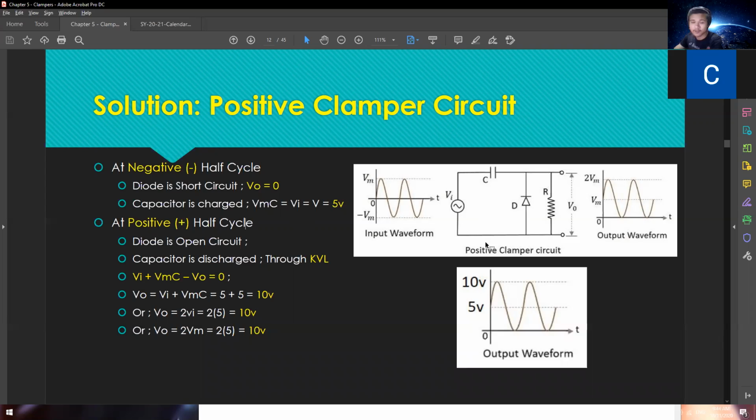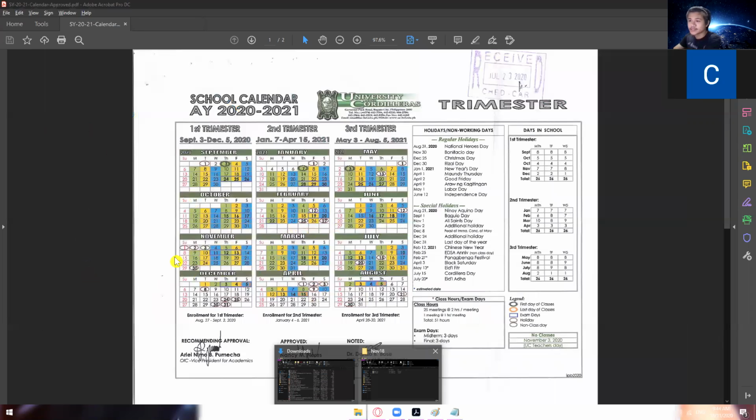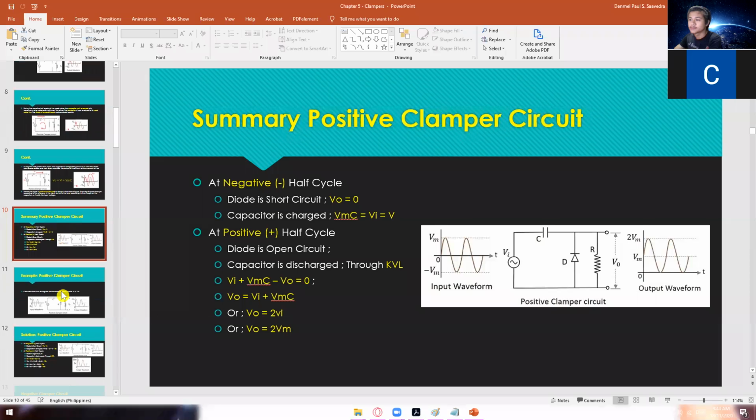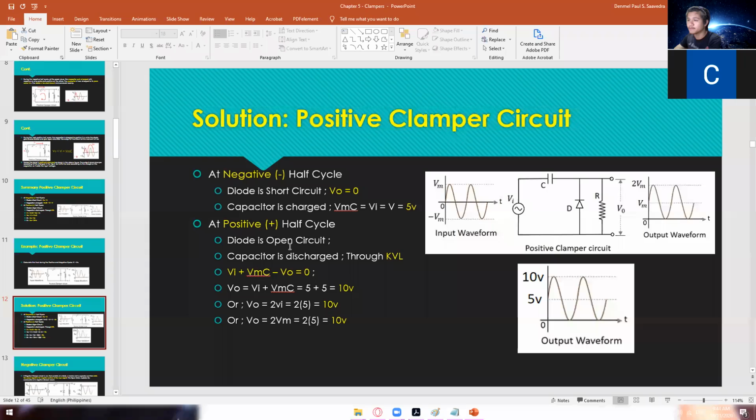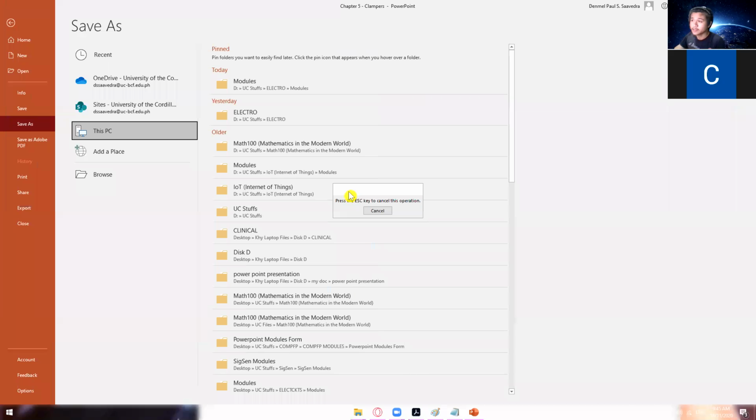This one should be 5 volts, peak to peak of 5 volts. Let me re-correct this one right away. Just wait a second.